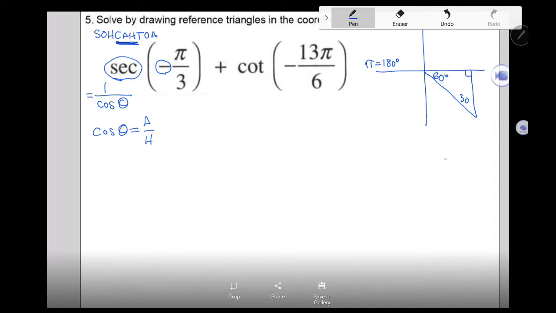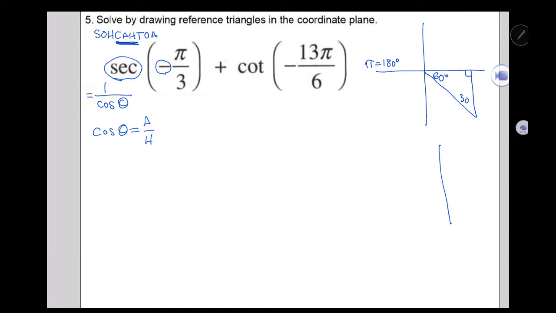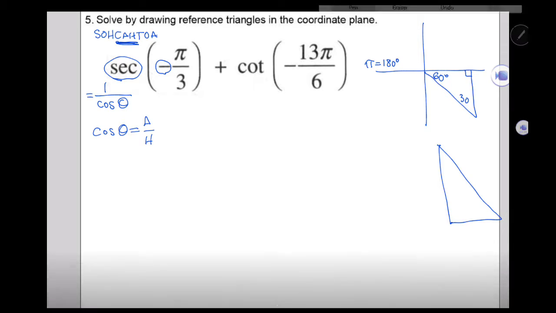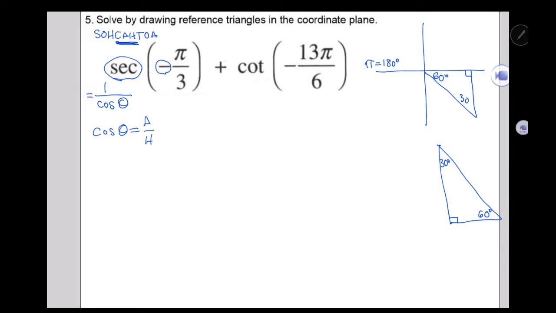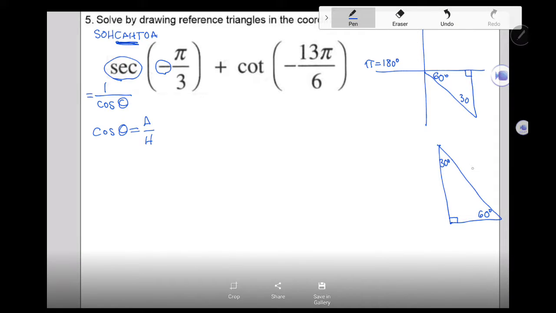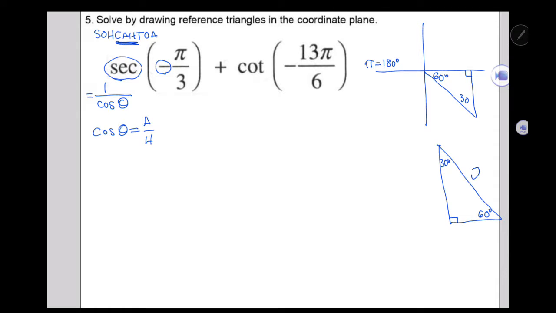I'm hoping that in your mind you're thinking, I have this reference triangle in my notes somewhere, with 60 degrees and 30 degrees, and of course my 90 degrees. In your notes it has a hypotenuse of 2, a base of 1, and a height of the square root of 3.